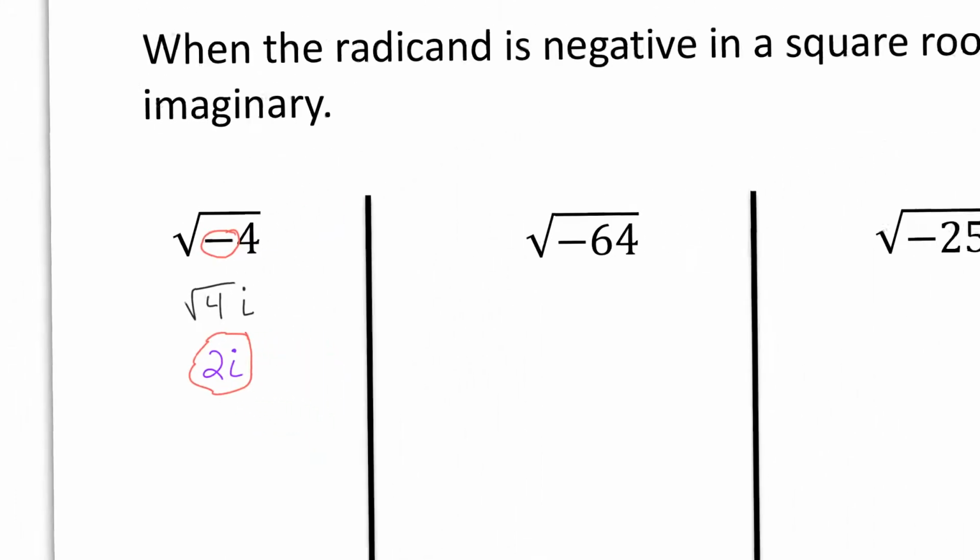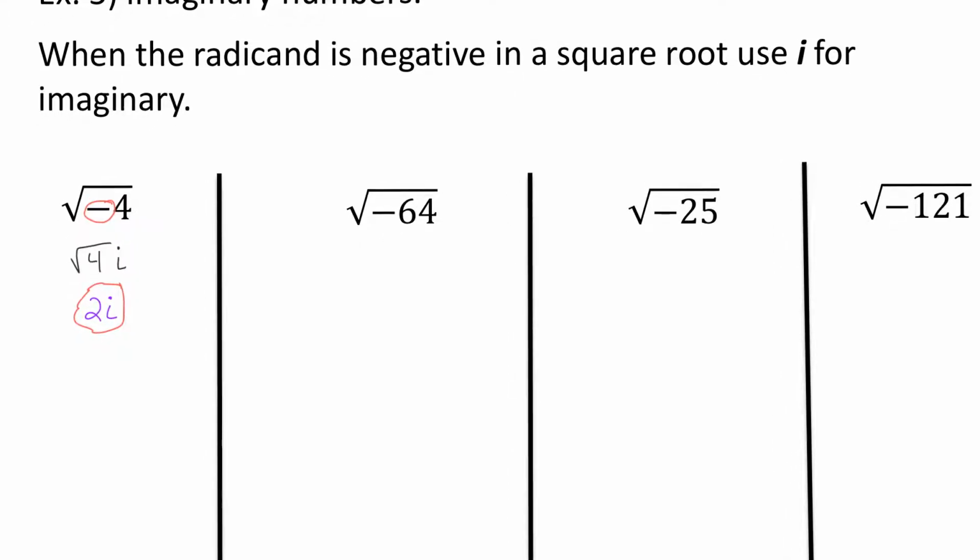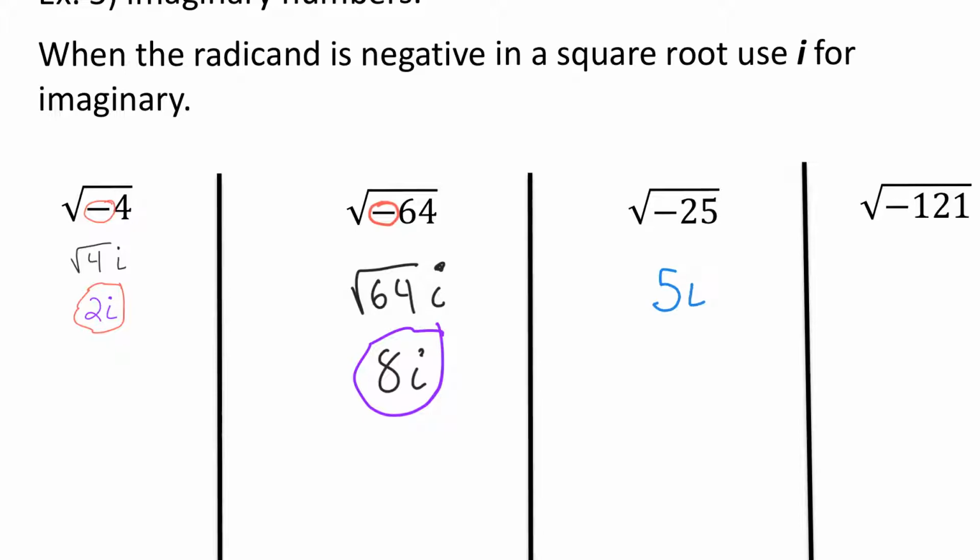So let's try a few more examples. When you are looking for the square root of a negative number, first of all, you change that negative into an i, and you have the square root of 64 i, and the square root of 64 is 8, and you keep the i. So that is my answer, 8i. When you look at the square root of negative 25, well, the square root of 25 is 5, but since it's negative, you are going to have 5i, and that's my answer.